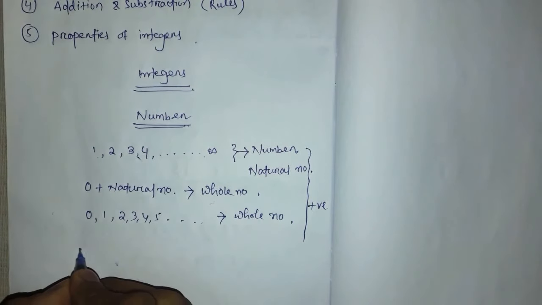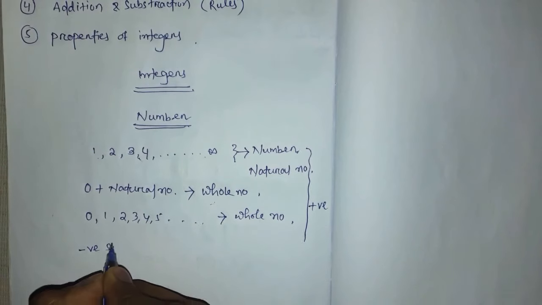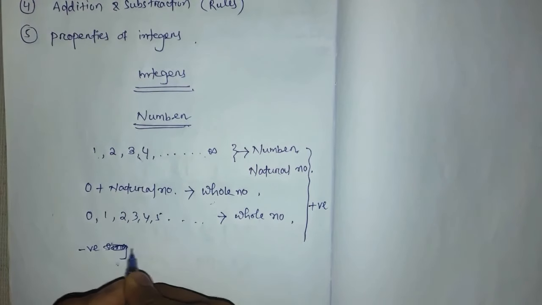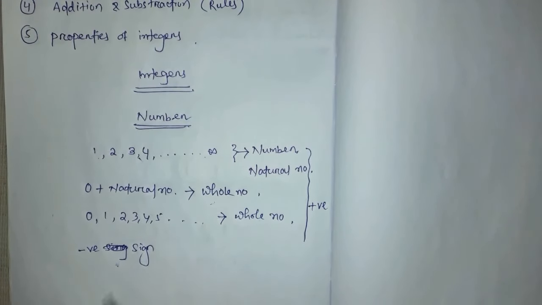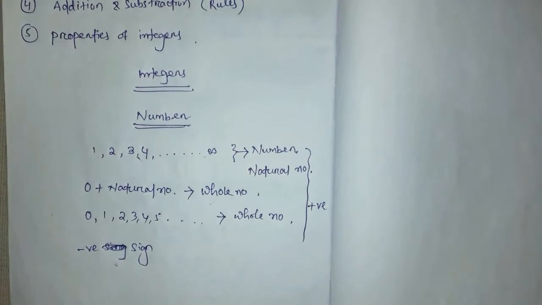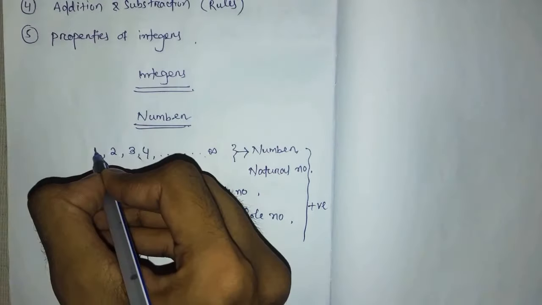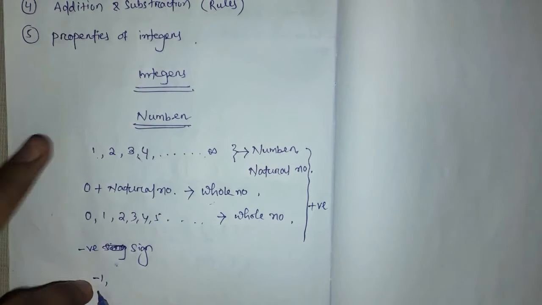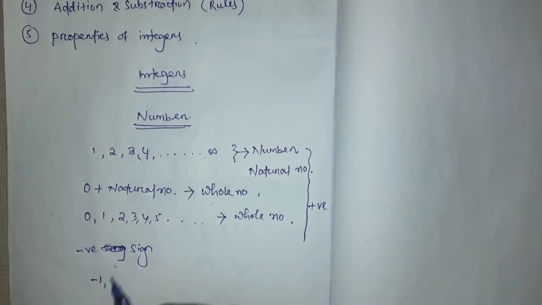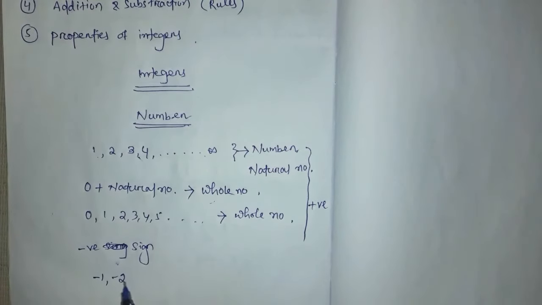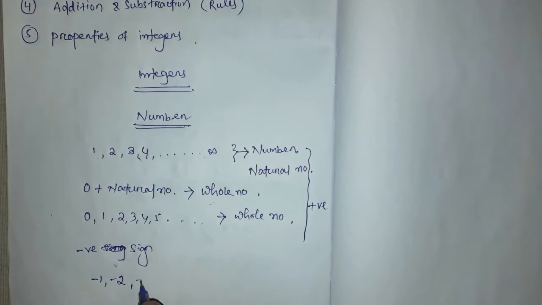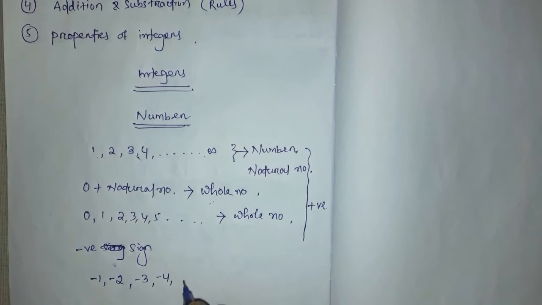If I add the negative sign to all these natural numbers, what will I get? Minus 1. Look at this, if I add the minus sign to 1, I will get minus 1. If I add minus to 2, I will get minus 2, and according to that minus 3, minus 4, and so on.